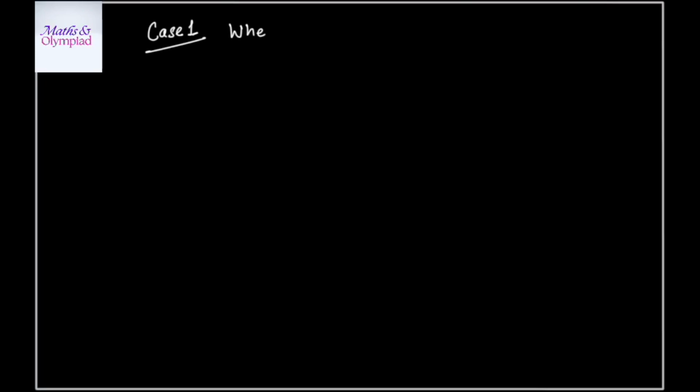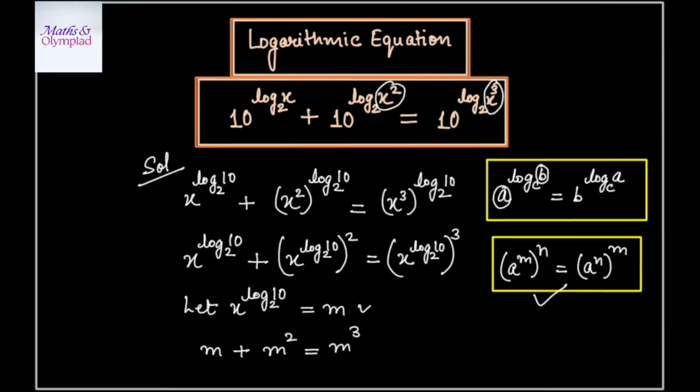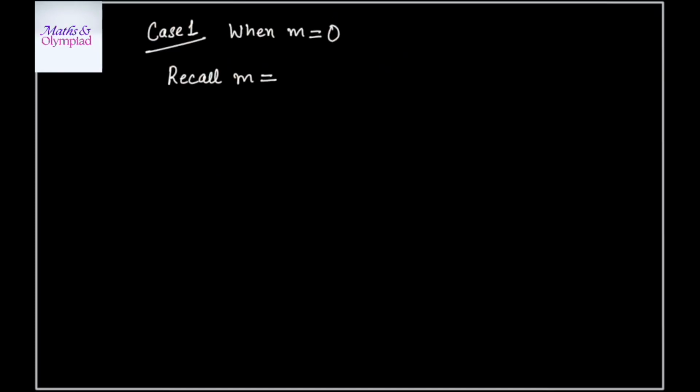When m equal to 0, let's recall what we have supposed m earlier. m equal to x raised to the power log 10 to base 2.